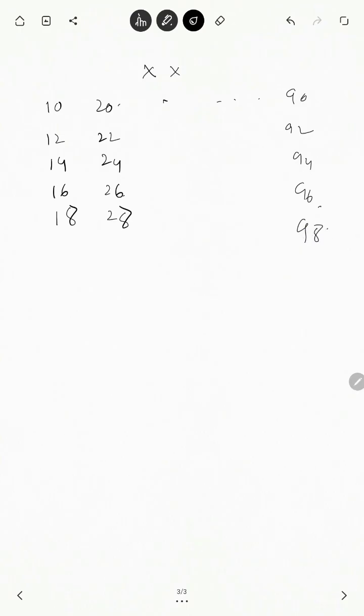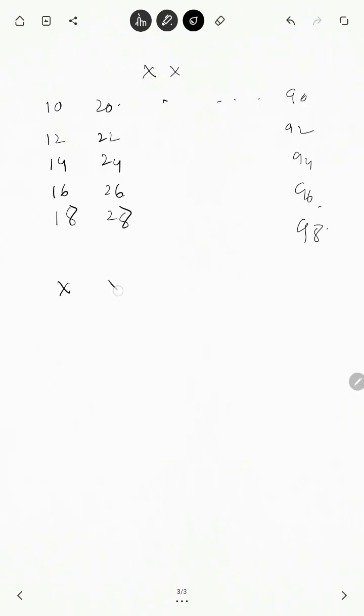There is a possibility 12, 14, 16, 18, similarly 20, 22, 24, 26, 28, and like this we have 90, 92, 94, 96, and 98. 100 we cannot take because it's a 3-digit number.